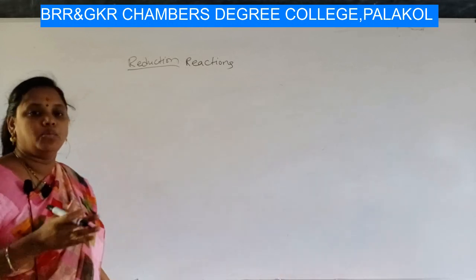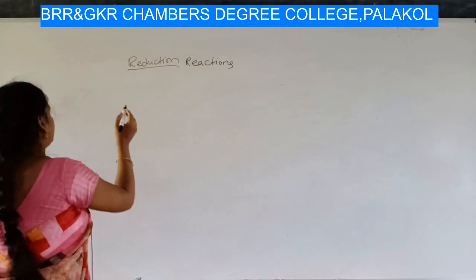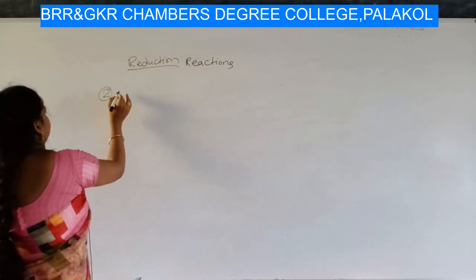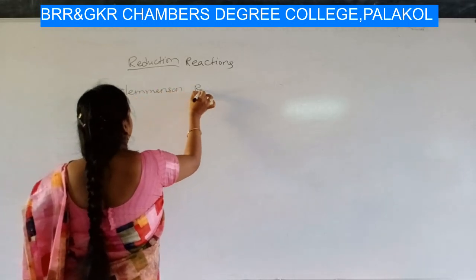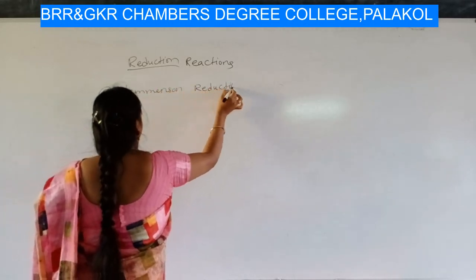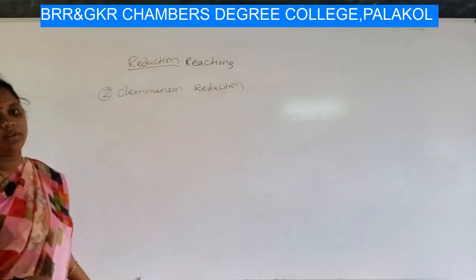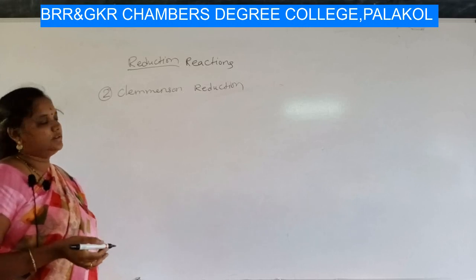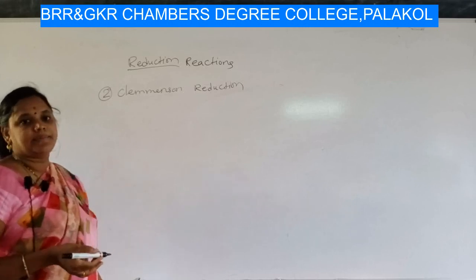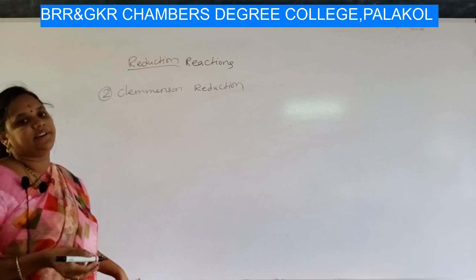Let us move into the next reduction reaction. Clemmensen reduction. I hope students you have come across this reduction reaction in the intermediate session. Let us read it again. Clemmensen reduction. What happens in Clemmensen reduction?